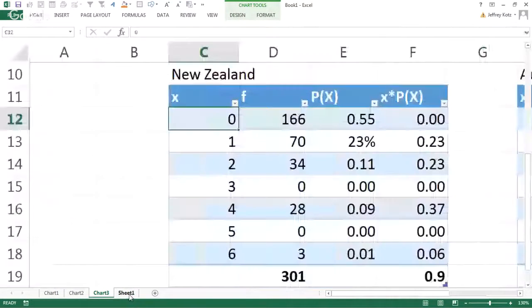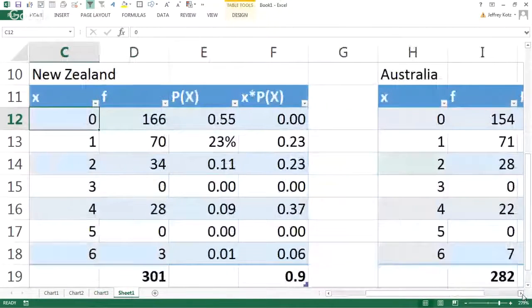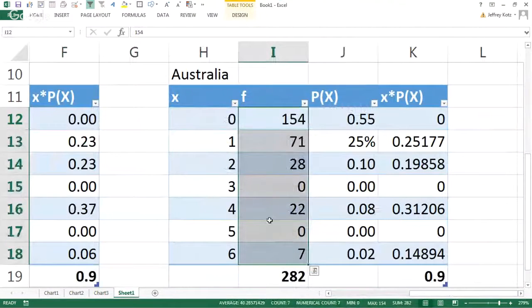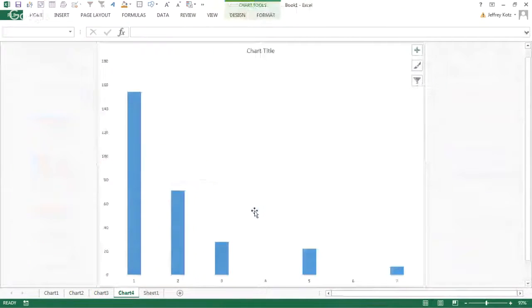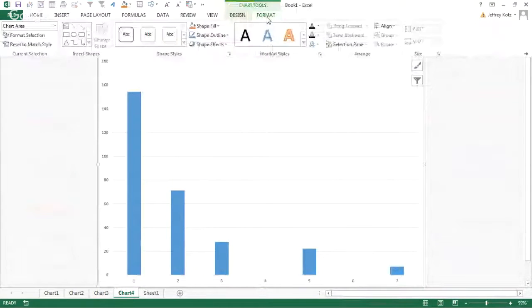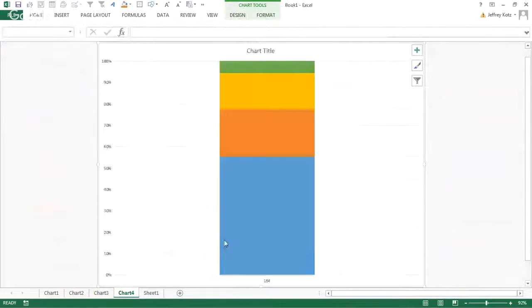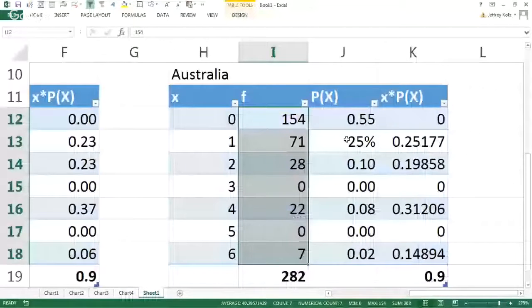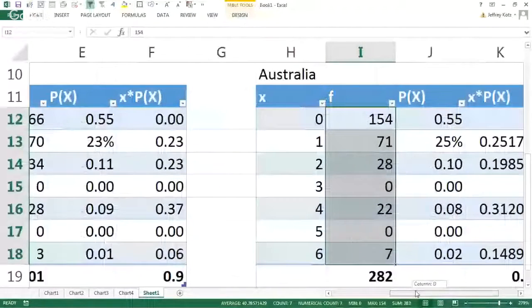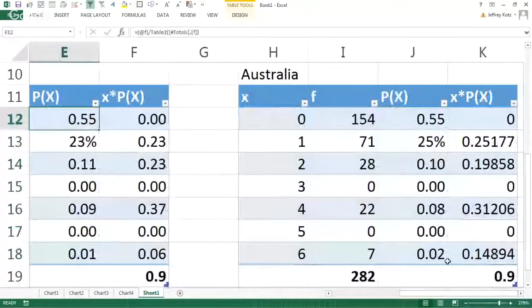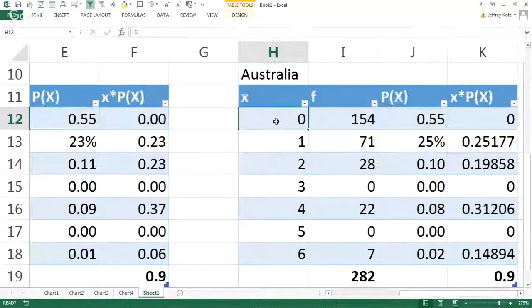We would see the very same thing if we were looking at the Australia data, although it's a little bit more pronounced here. It's about the same, 55% for New Zealand. Anyway, that's the lowest half and then some. So in both cases, the median is 0.